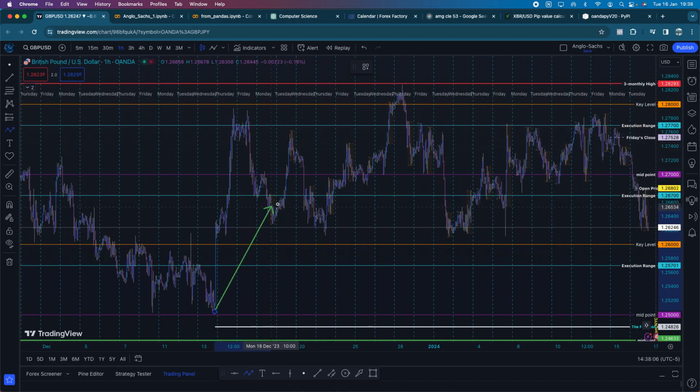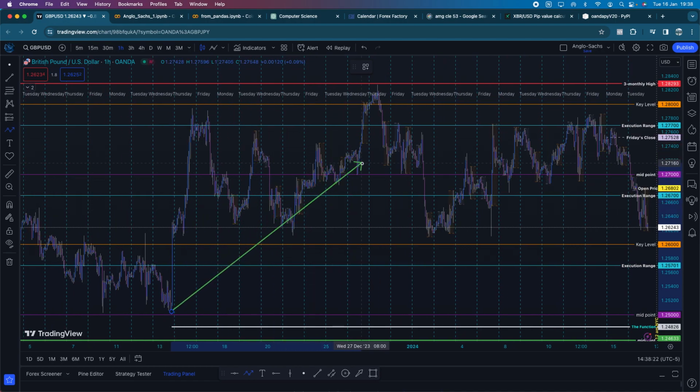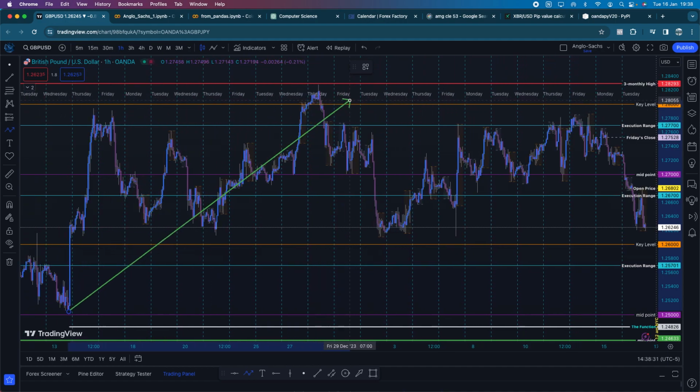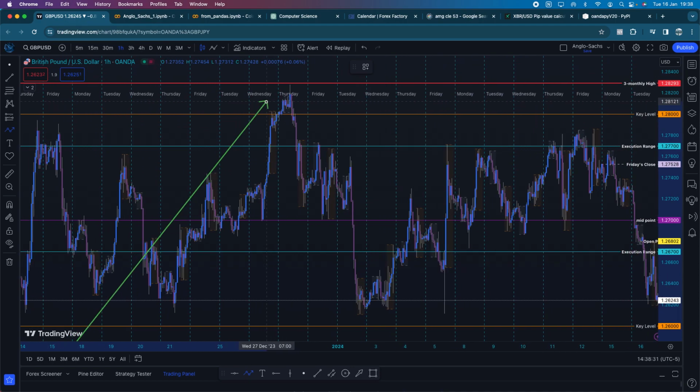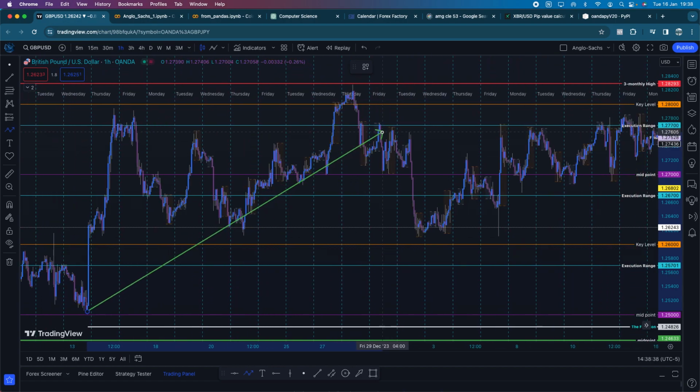Then we start to see this sideways trading throughout December. We had a lot of sideways trading. The market trades down, trades back up, isn't really trading higher or lower, trades back down, trades back up, and then it makes a big break again. Here, large institutional traders are getting into the market again at this high. They've taken out the liquidity up here, and then they're in the market again here to offset and to sell short on pound USD.